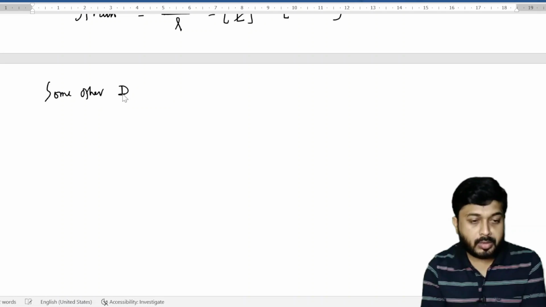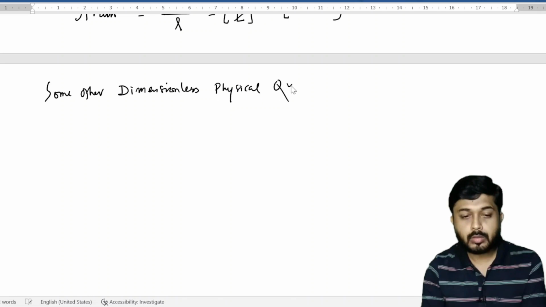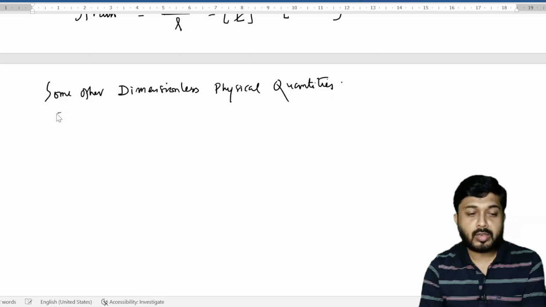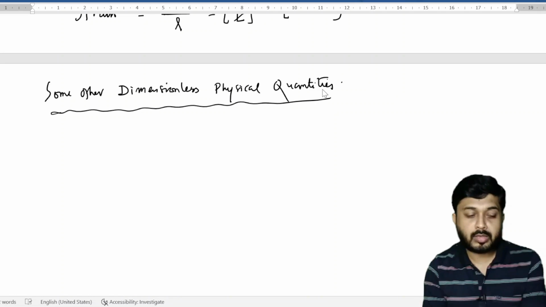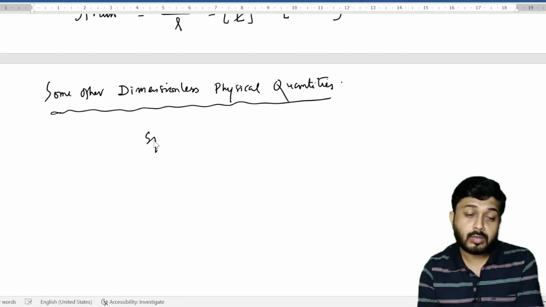Some other dimensionless physical quantities. First one I want to tell you is specific gravity.